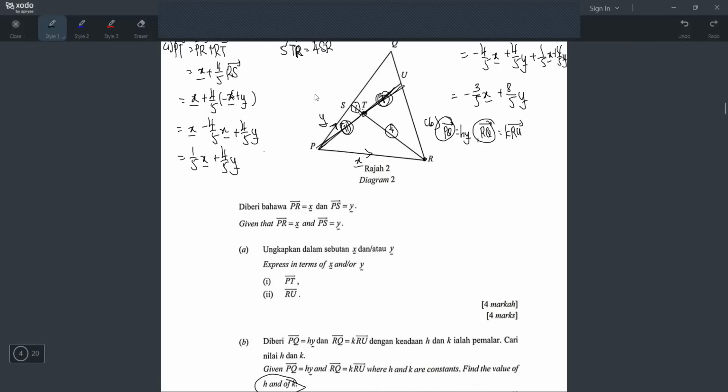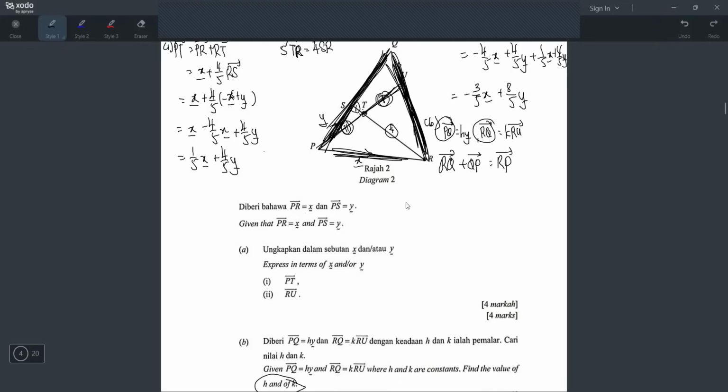PQ and RQ. Let's see. PQ is this line. RQ is this line. So what is the missing line here? PR, right? So I can actually write like this. Okay, let's think about this. RQ plus QP equals to RP like this, right?